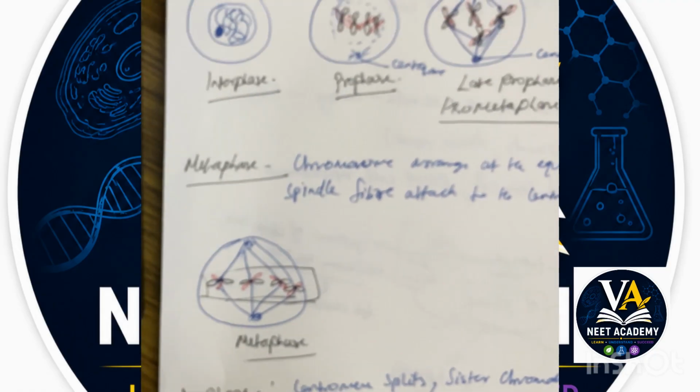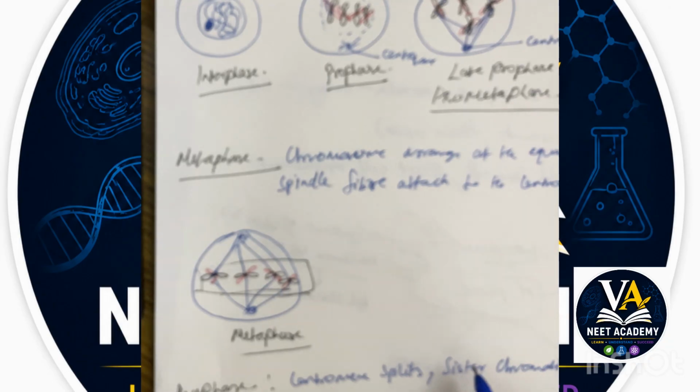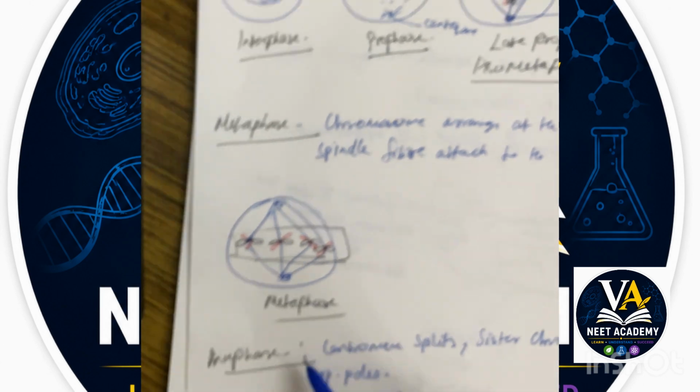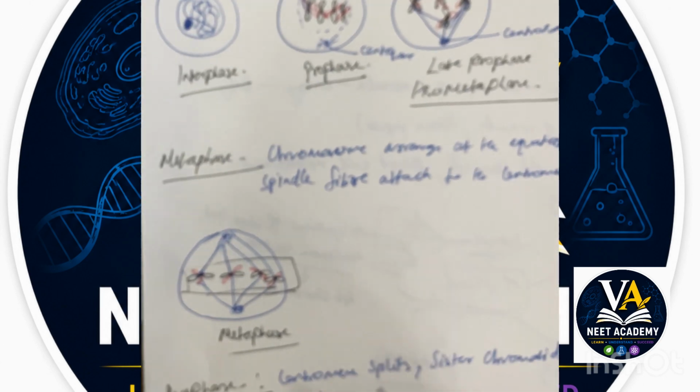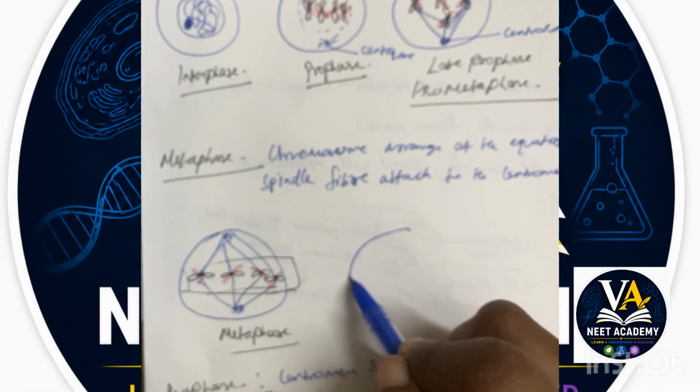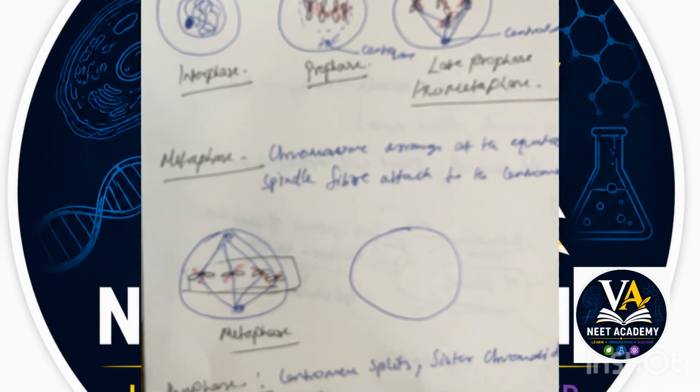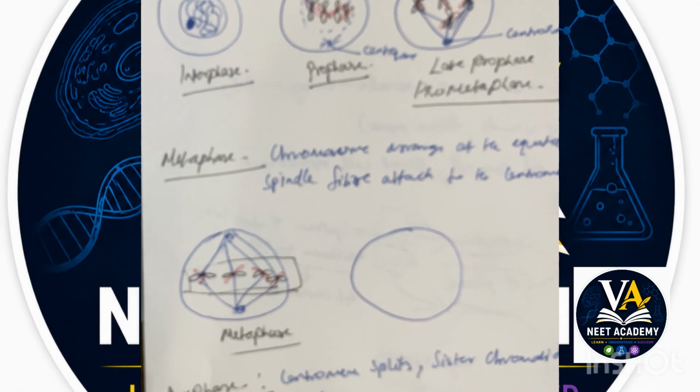Okay, so if you try to draw, one of the important NEET questions is that centromere split happens during anaphase. Centromere split happens during anaphase. So let us try and draw the anaphase stage. So cell, now what did I tell you? The chromatids split.